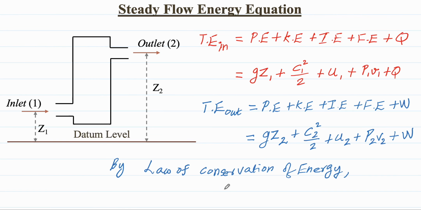So by applying the law of conservation of energy, we can say the total energy entering the system is equal to the total energy leaving the system. So we can say T in is equal to T out.